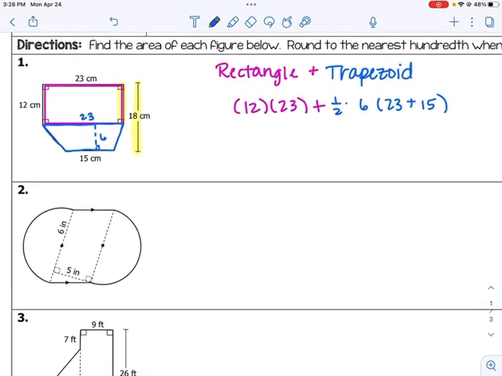Okay. So if we take 12 times 23 and add it to 1/2 times 6 times the sum of 23 and 15, we would get 390 square centimeters.